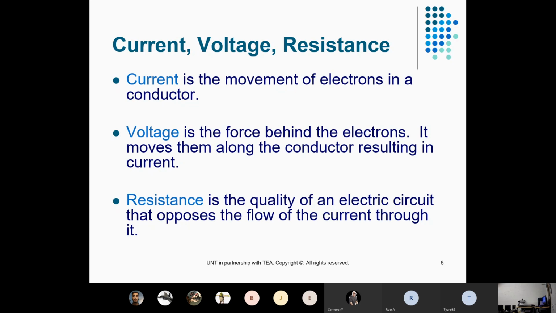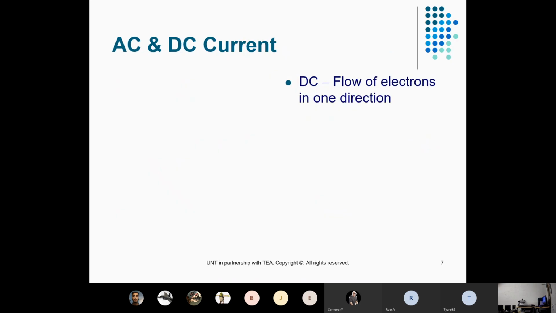Very good. All right, so that's your current, voltage, and resistance definitions.